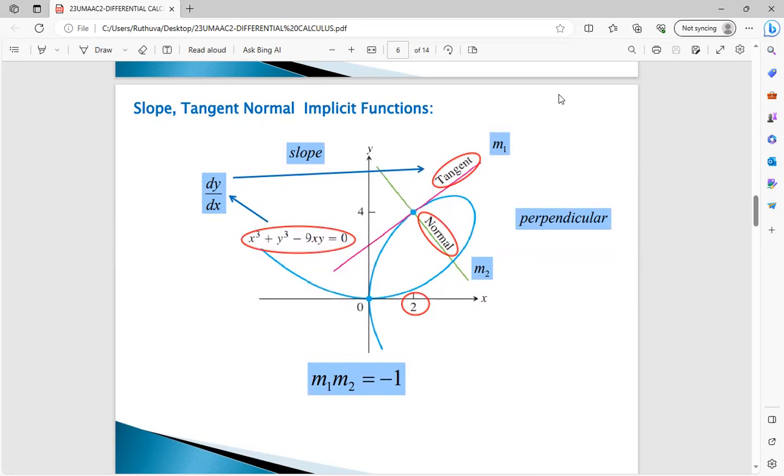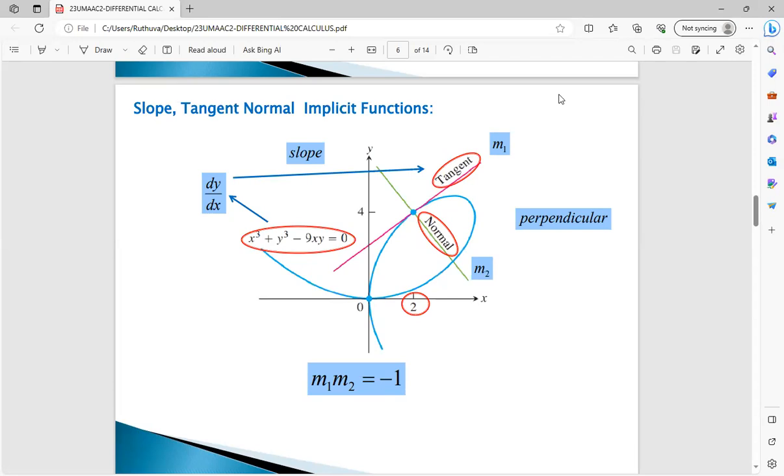For example, if you are taking here the function x cube plus y cube minus 9xy equal to 0. See the drawing of the curve. In the x-axis, we are pointing 0, 2. In the y-axis, we are pointing 0, 4. Here, we have to find the slope, tangent, normal of implicit functions. We are drawing this horizontal line as slope.